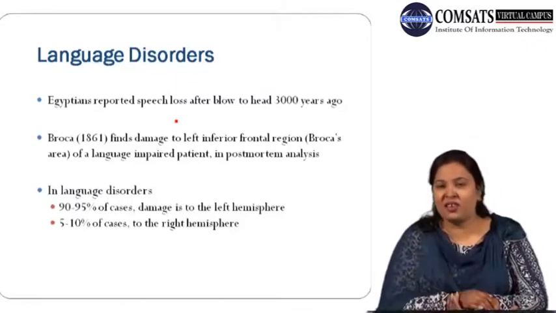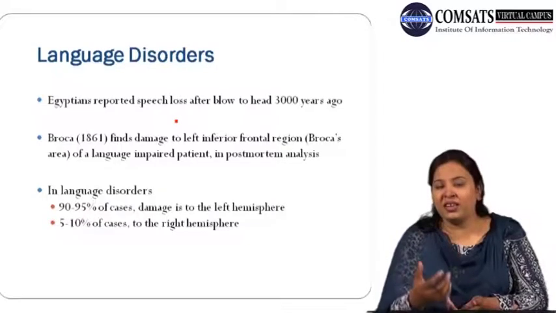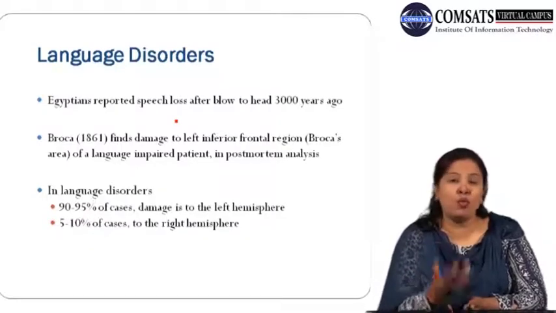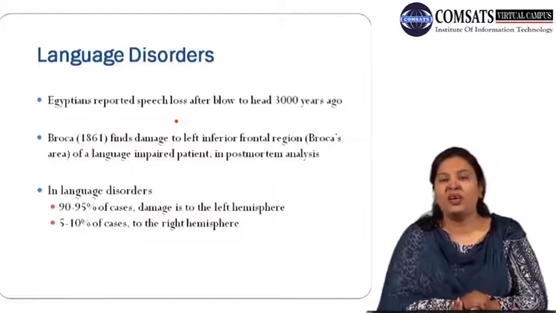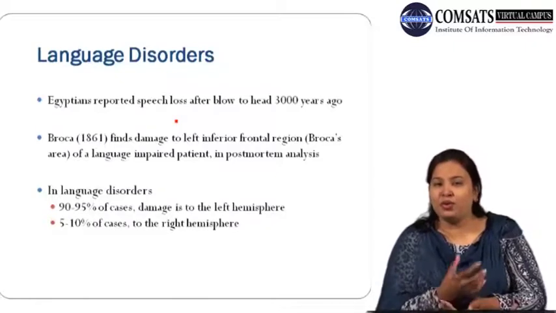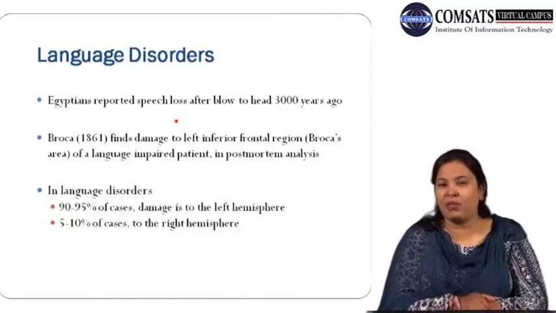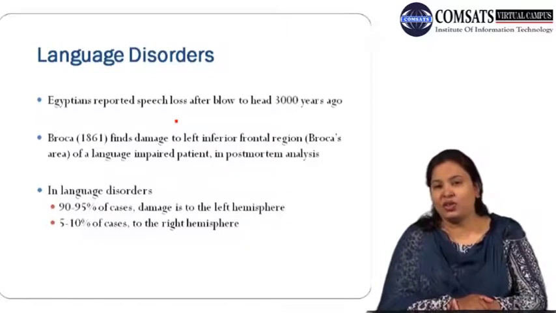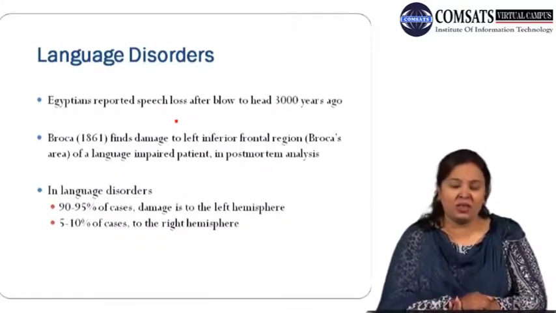Again, this was the discovery of Broca, from where he performed several more researches to assume that the left hemisphere has a certain connection with language, because when it gets damaged, you get a certain type of language disorder. In language disorders, 90 to 95% of cases of damage are due to the left hemisphere.